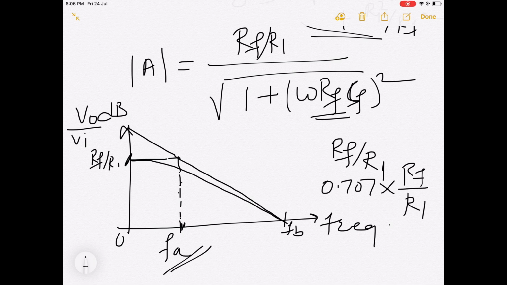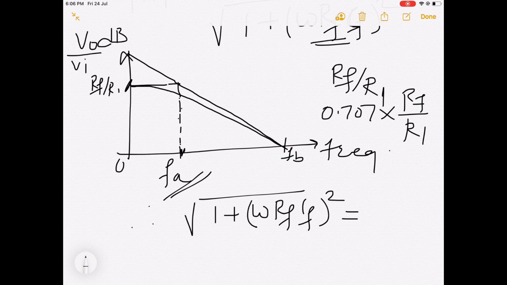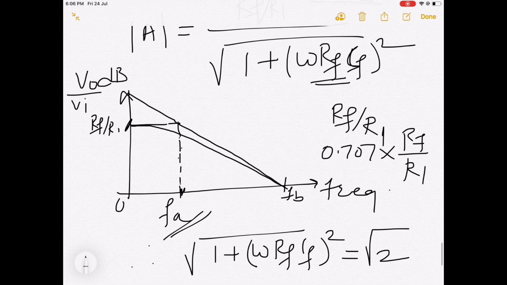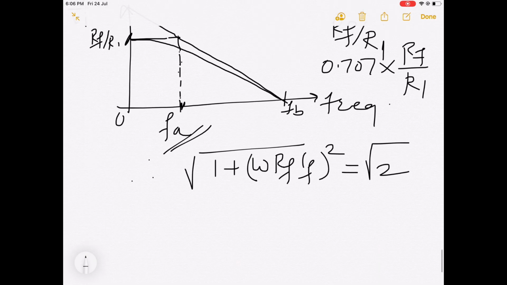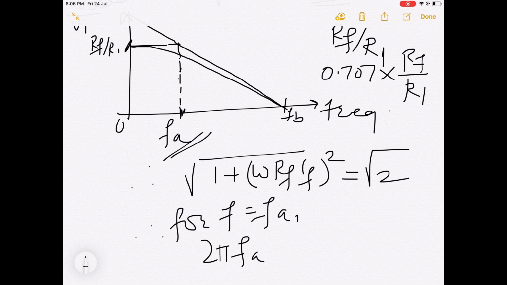Okay. So, therefore, root of 1 plus omega RF CF bracket square is equal to root 2. Okay. So here for F equal to FA, we get 2 pi FA RF CF equal to 1.